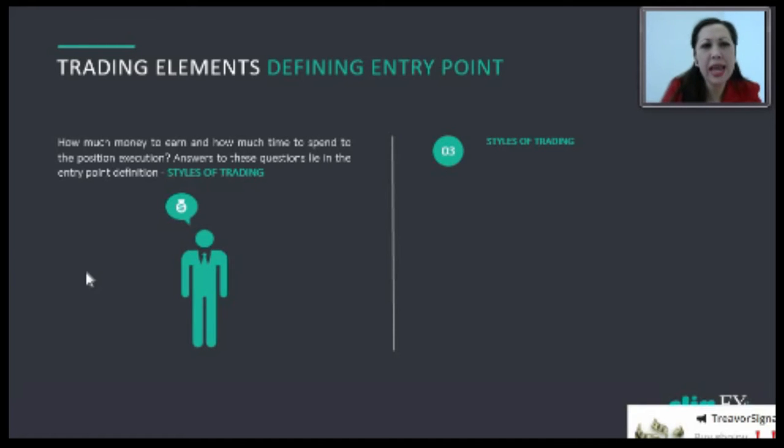There are certain elements that help us to define an entry point, and they depend on the time for which we hold our position, or better to say, the manner or style of our trading.